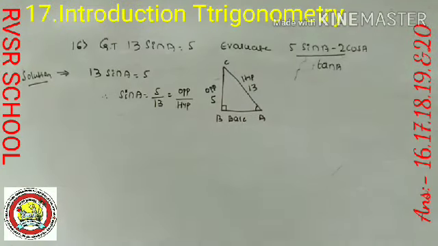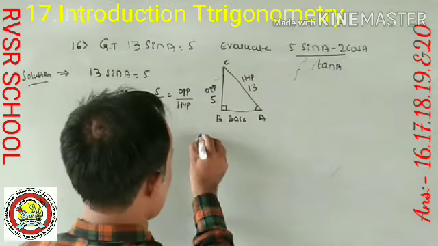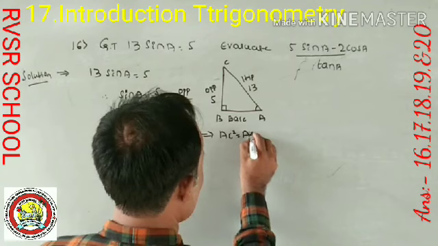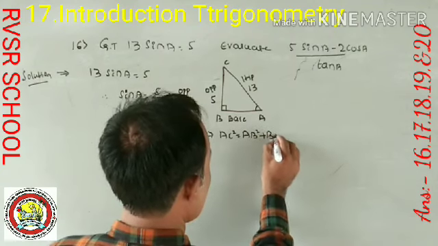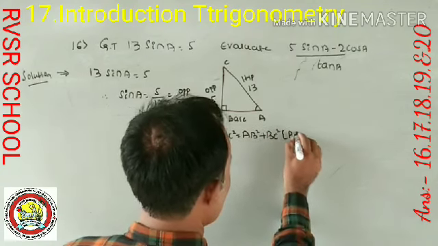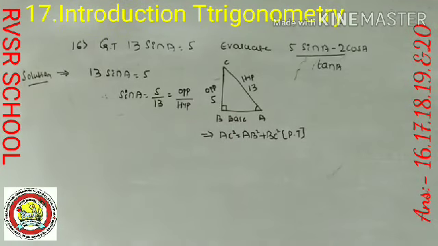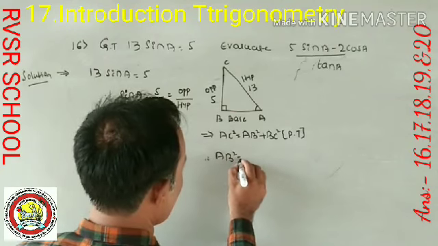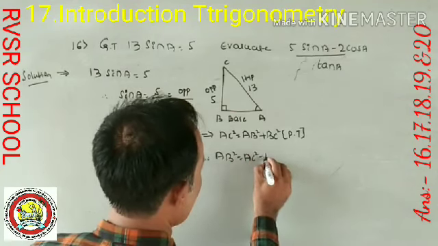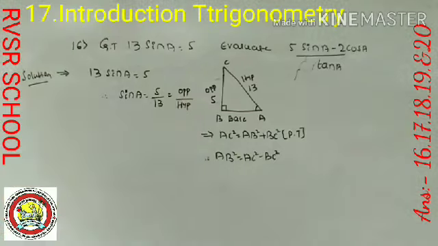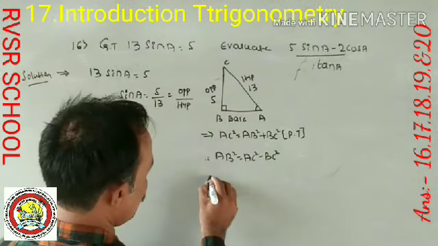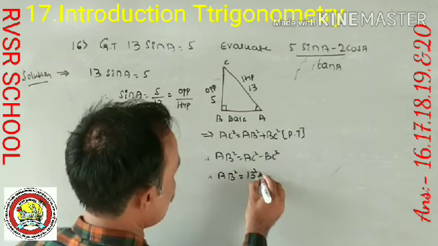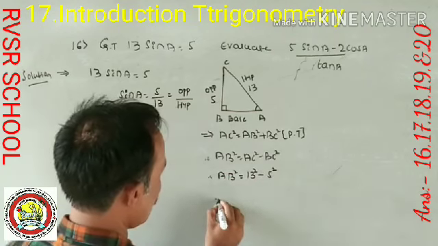Find the value of the base by using the Pythagoras theorem, which implies AC square is equal to AB square plus BC square. Therefore, AB square is equal to AC square minus BC square, so AB square is equal to 13 square minus 5 square.